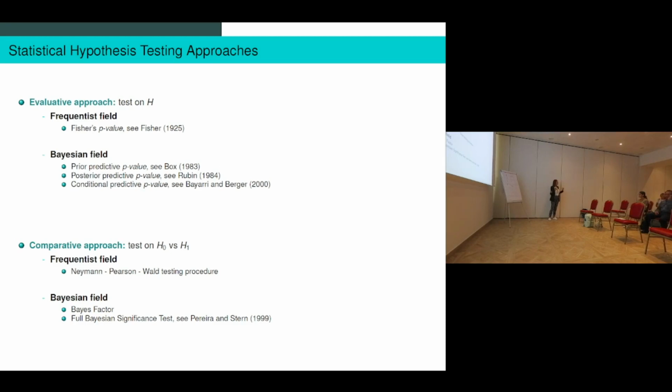So they received some criticism, but then they defined the conditional predictive p-value, which is really hard to compute. I tried to do that, and I didn't find any literature after the 2000s. So I think it's a good measure in the theoretical way, but in the computational way, it's not really easy to use. That's why we wanted to define a measure that is as simple as the p-value.